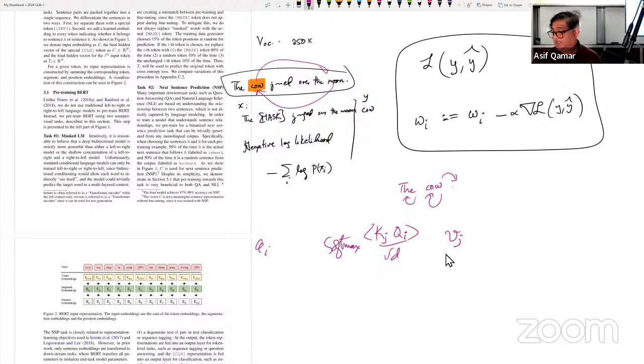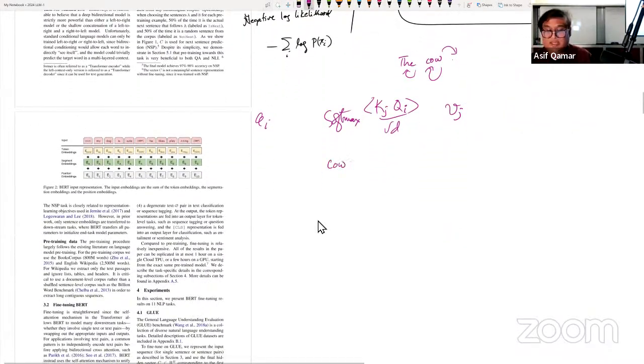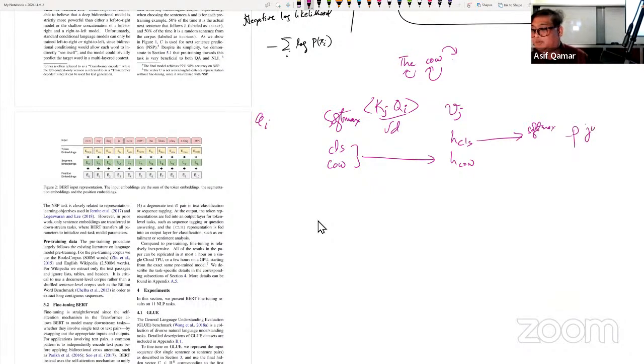Think about it this way: the word cow, just one word, and the CLS token go in. Ultimately, there is an H CLS and an H cow. Then this CLS is fed into a softmax, and hopefully it will increase the probability of the word jumped, cow jumped, potentially.